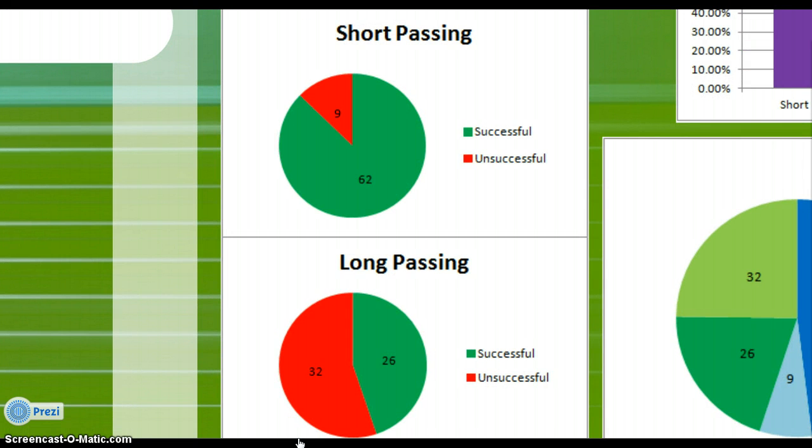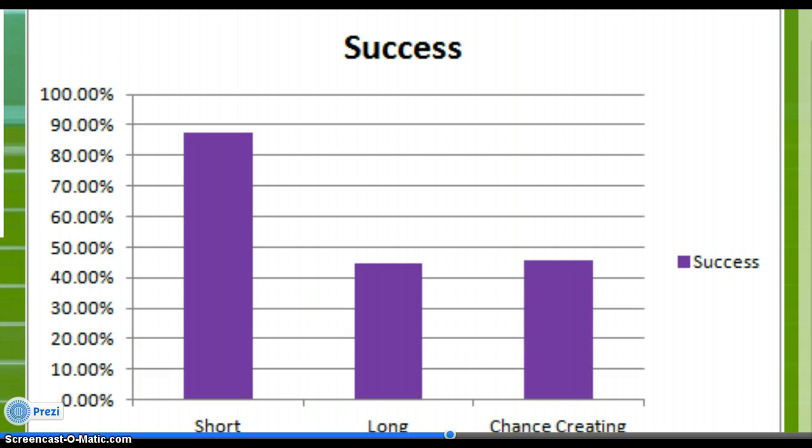These charts show that there were a lot more short successful passes than short unsuccessful passes, and it also shows that a high majority of the long passes were unsuccessful. This means this area needs to be worked on, whether it is technically performing the pass or tactically choosing when to play the pass. This chart backs up all the data previously said.